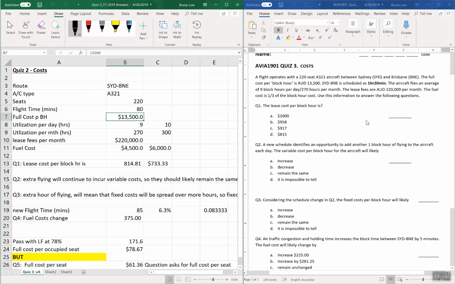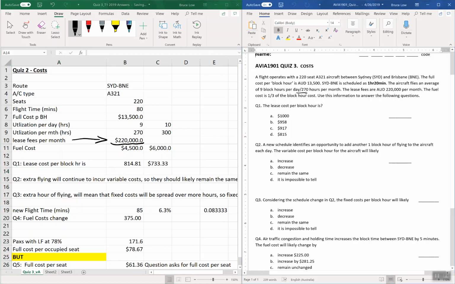So the first question is the lease cost per block hour. So if we come here and have a look at question 1, we are told that our lease fees per month is $220,000. So that's your lease fees per month, and we want to know the cost per block hour.